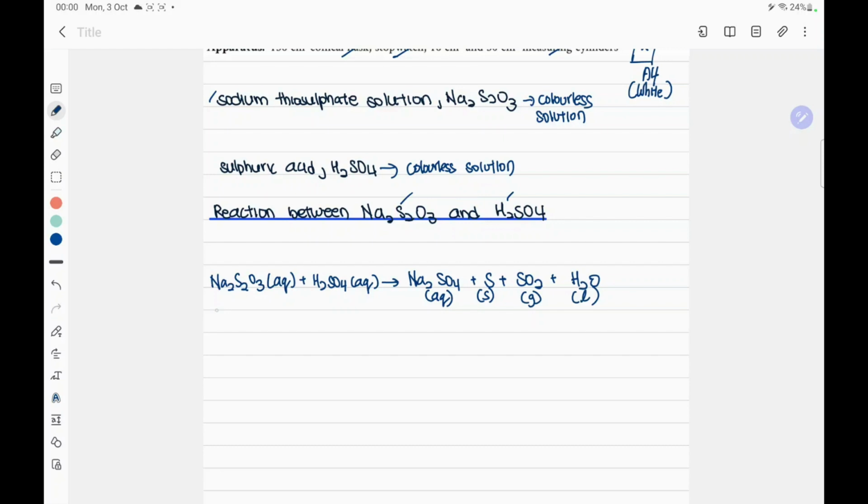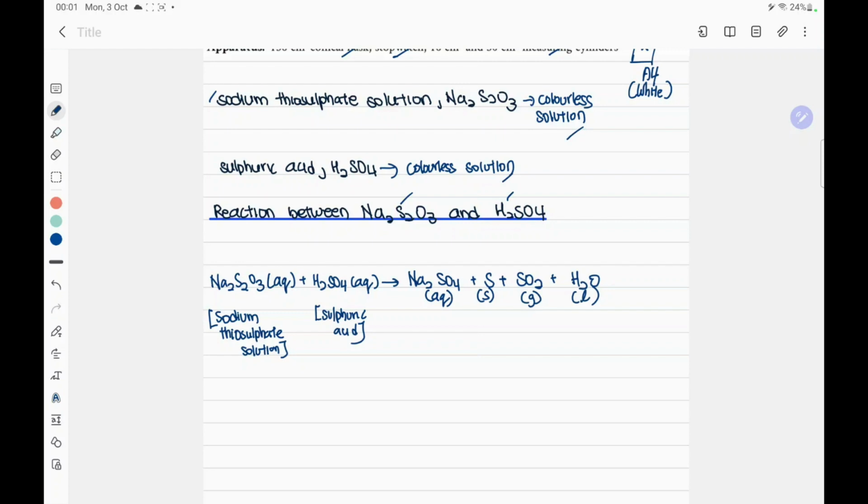And this one, we know that this is the sodium thiosulfate solution. And this is our sulfuric acid. Both of these are colorless, okay? Bear in mind that both of these are colorless.